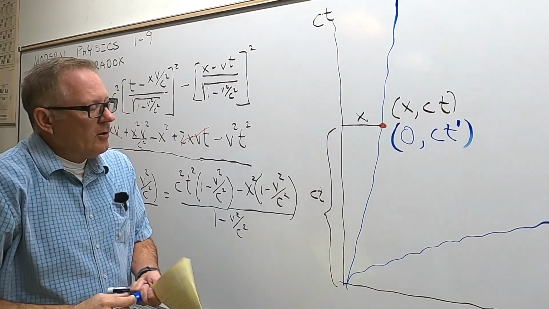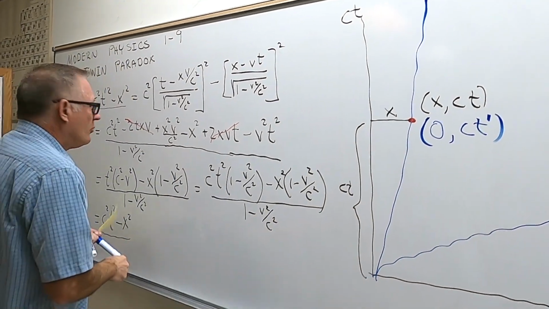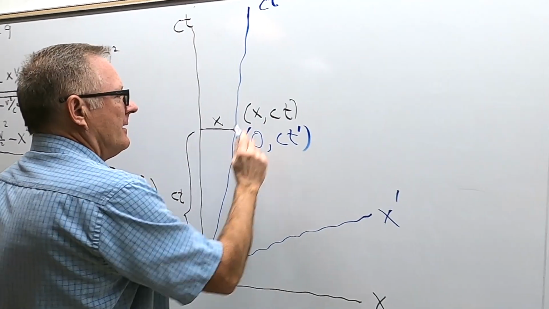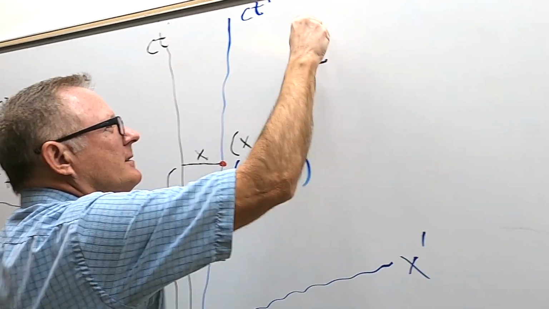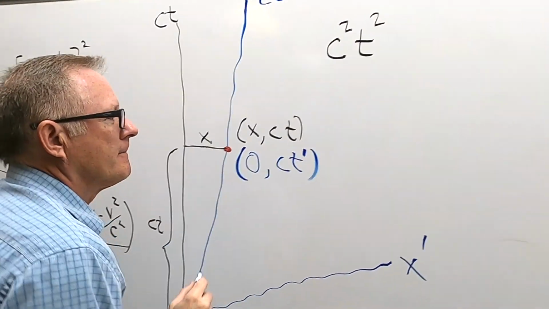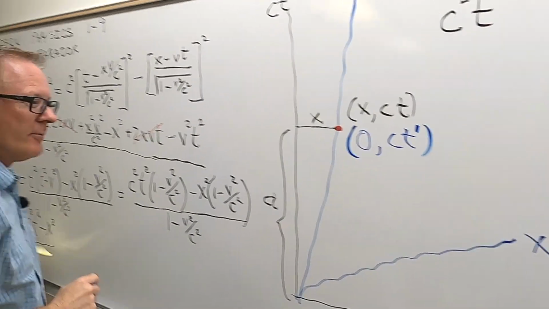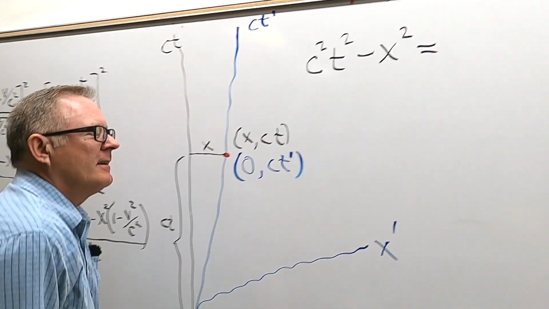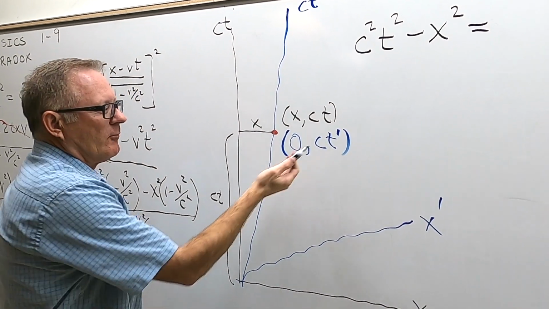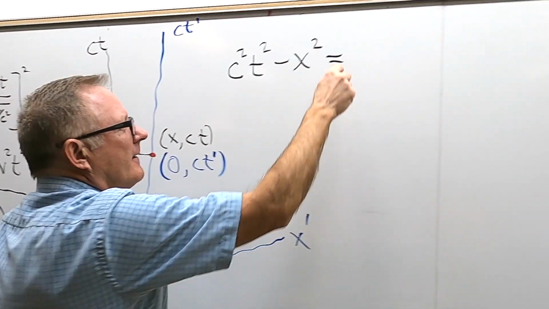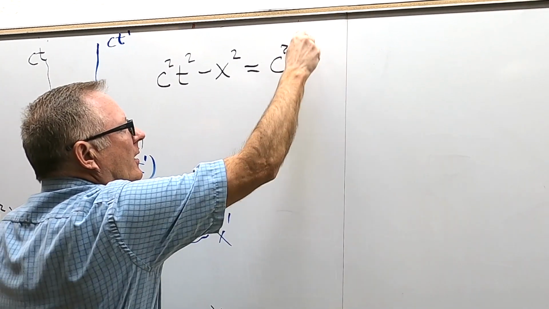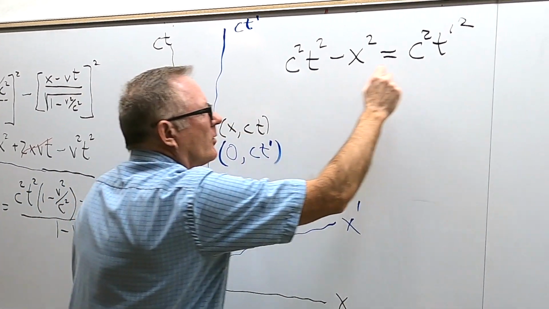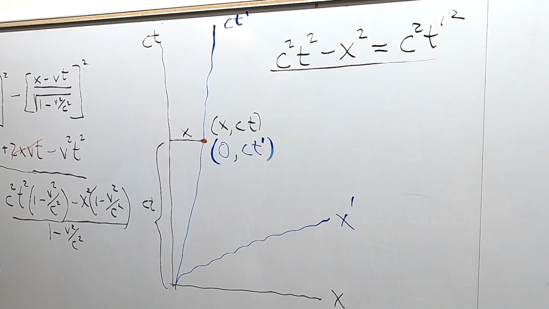If we apply the rule we just made up, c squared t squared minus x squared is the same thing in Mary's frame, which is c squared t prime squared minus her x prime squared, but her x prime is 0. That must be true.